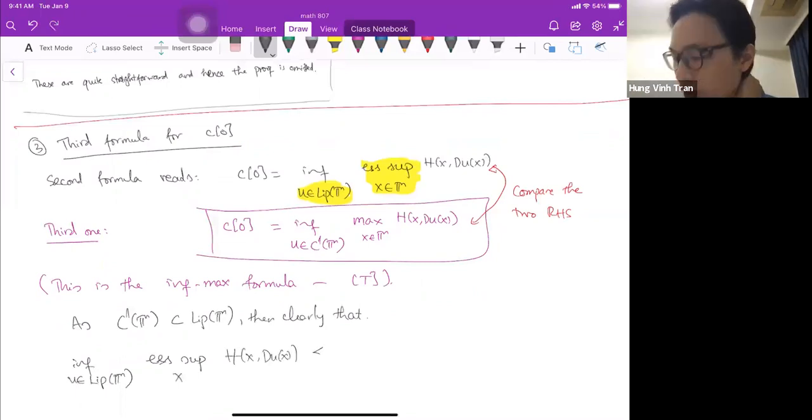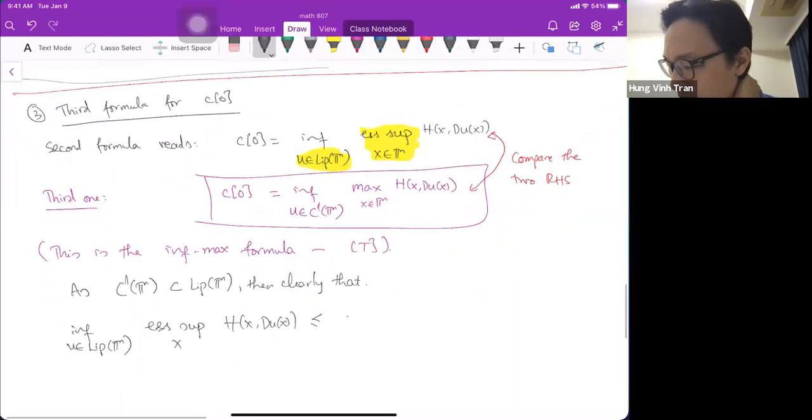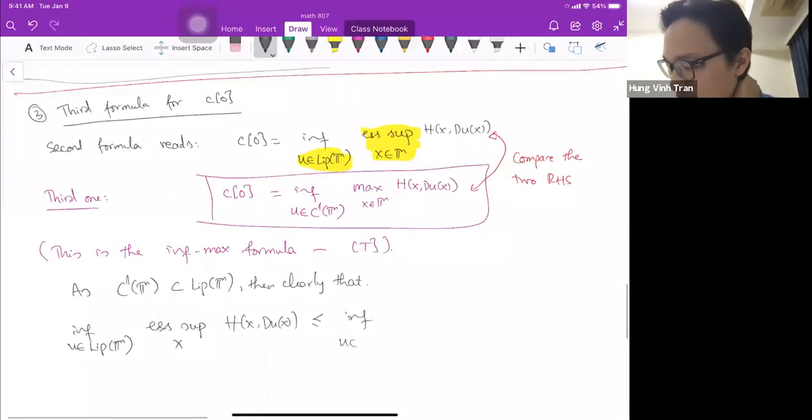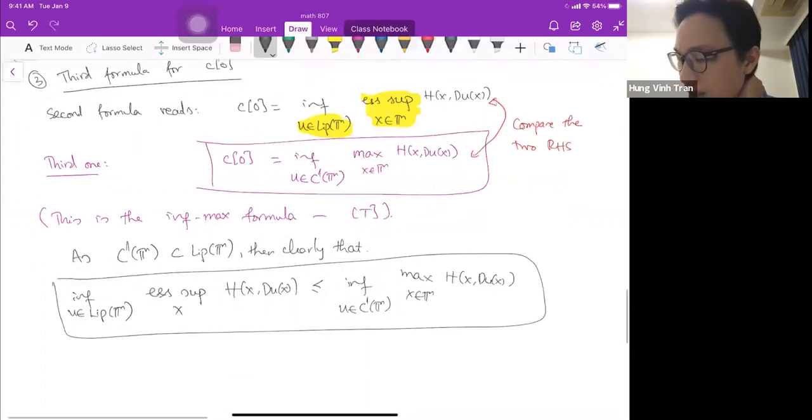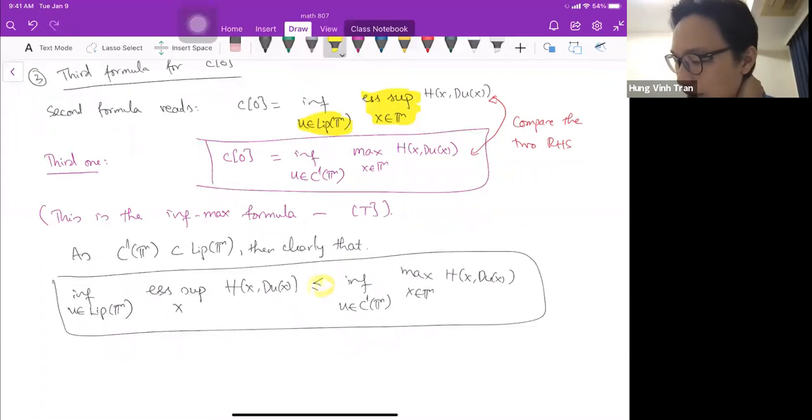This one should be possibly smaller than just taking the infimum over a smaller set, right? Okay, so that's that. So we already got one-sided inequality, right?